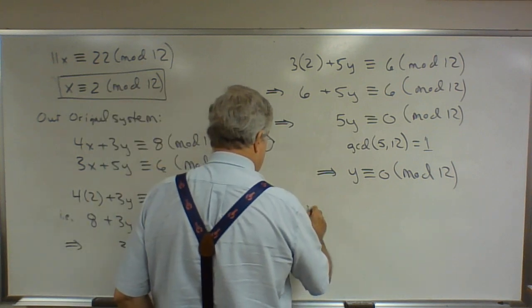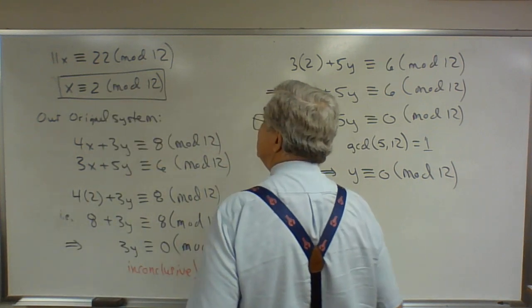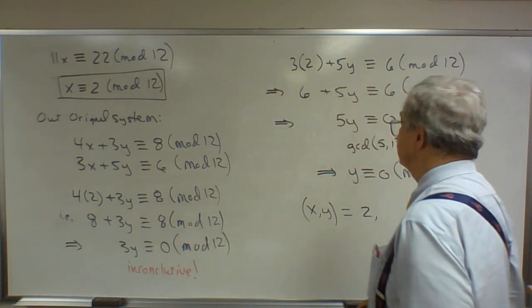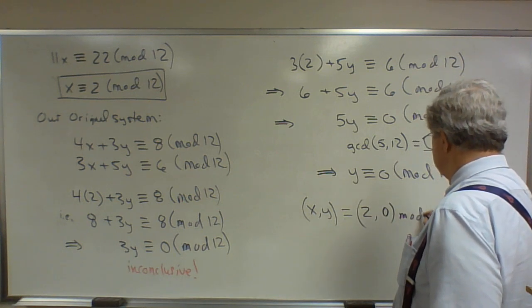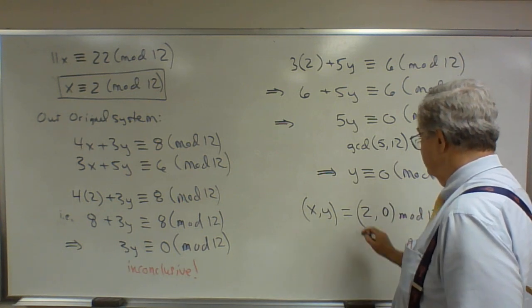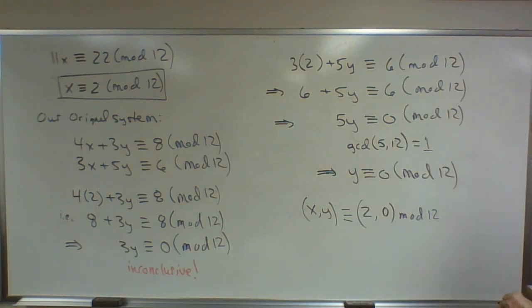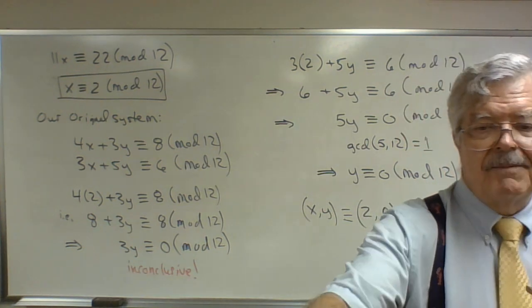Okay, (x, y) is equal to (2, 0) mod 12. Now, are we going to let it go at that? No, we're going to check.